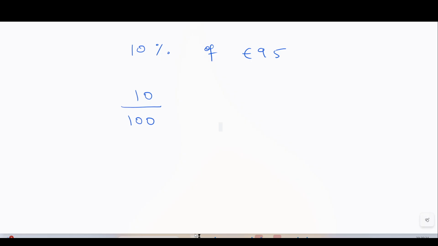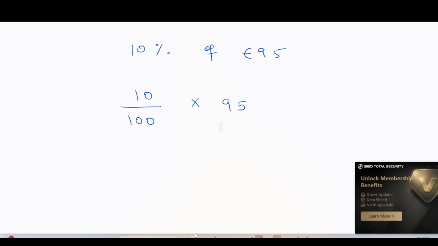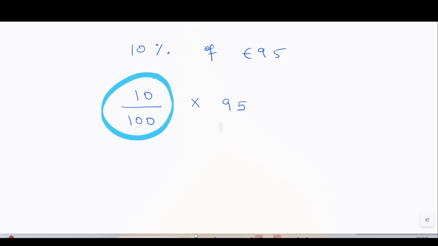Of means times. 95 we just write as it is. Now you can simplify this by dividing the numerator by 10 and the denominator by 10. 10 divided by 10 is 1, 100 divided by 10 is 10, right?